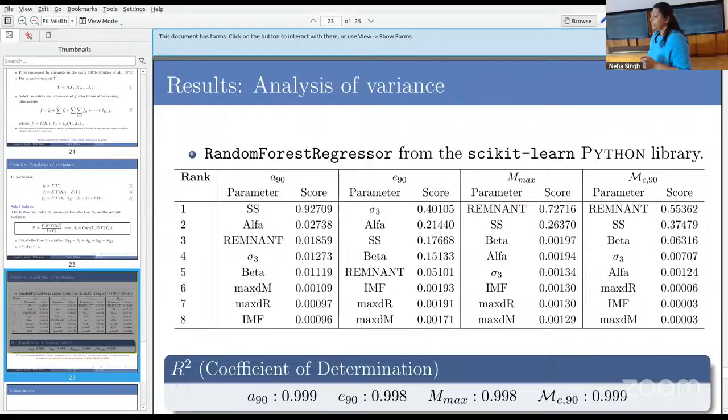Now, as I said, we have 1,000 models, but I'm showing the result for only a few of these models. So IMF, essentially, one would understand will contribute. But in our code, this parameter IMF is only called for certain values of the first parameter SS. And the models that I chose to show today, they don't have that value. So IMF is not used again and again. So even though I vary IMF, it doesn't affect the models.